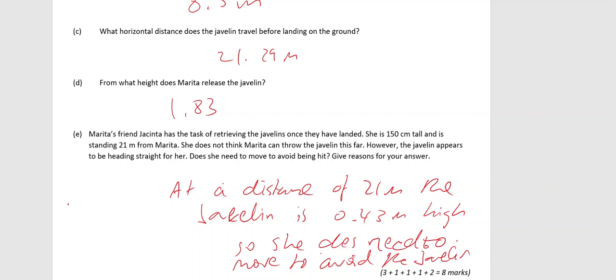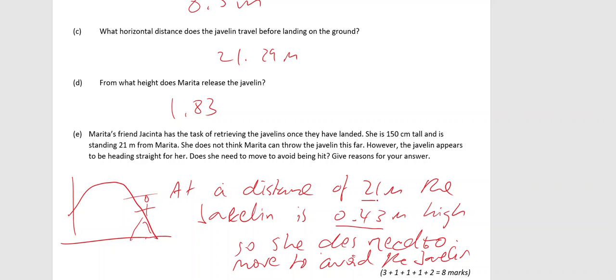Okay, she does need to move because what's happening here is the javelin's here, she's standing here, and she's actually taller than the path of the javelin. So she's potentially going to get impaled if she doesn't move. So just interpret the scenario and write an explanation.